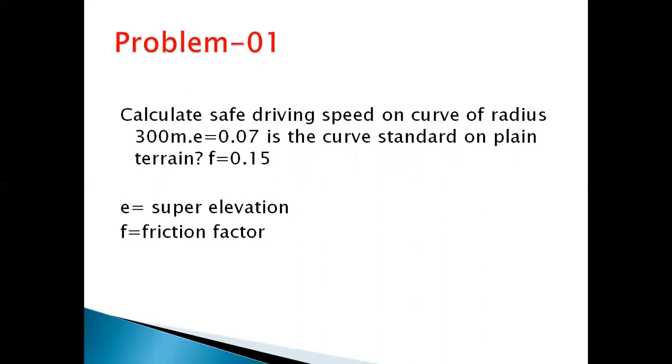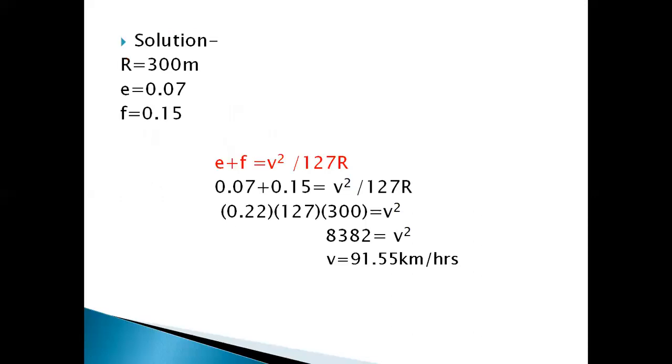That is, this road is on a plain terrain area with a radius of curve of 300 meter. Then the super elevation of the road is 0.07 and the friction factor between road and tires of the vehicle is 0.15. Now see the solution of this problem.